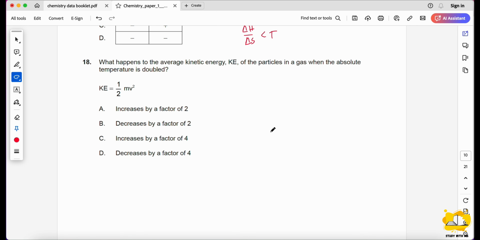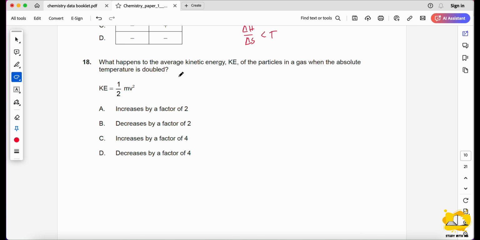What happens to the average kinetic energy of the particles in a gas when the absolute temperature is doubled? The average kinetic energy of the particles in a gas is directly proportional to the absolute temperature.